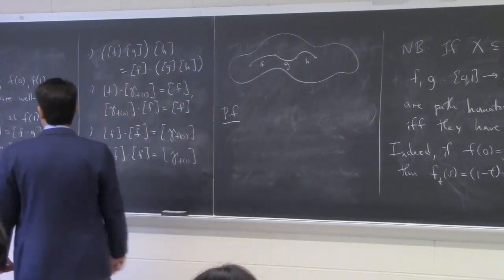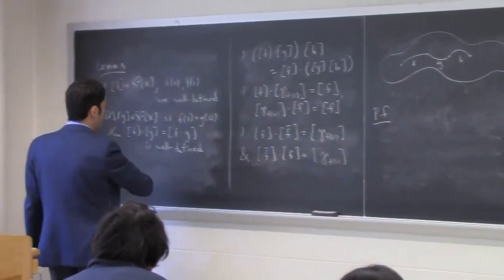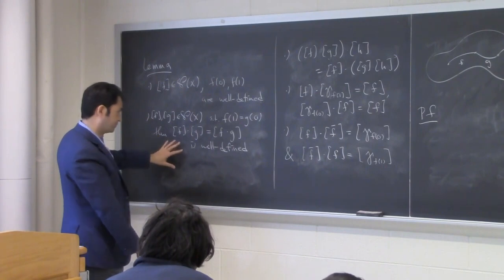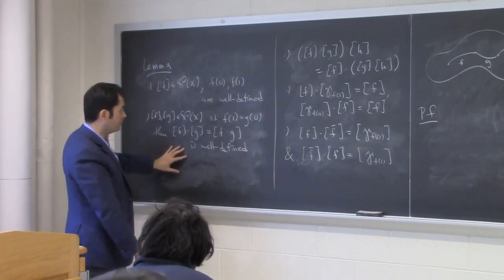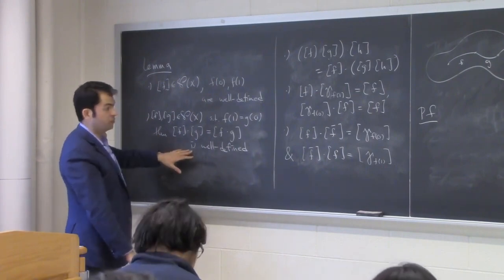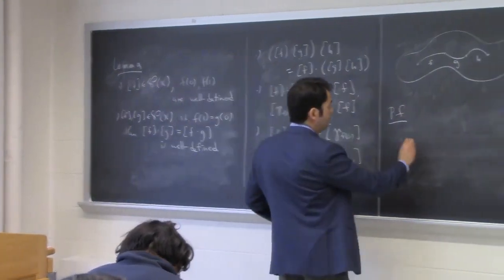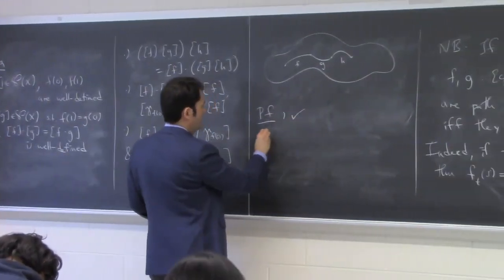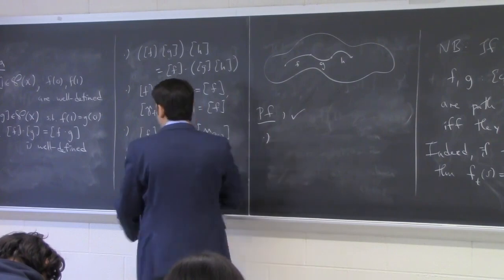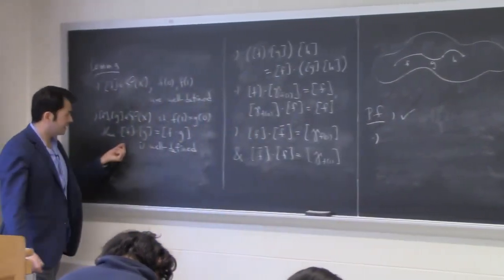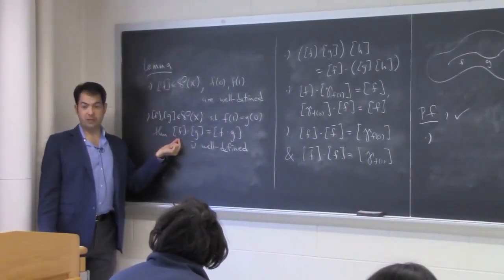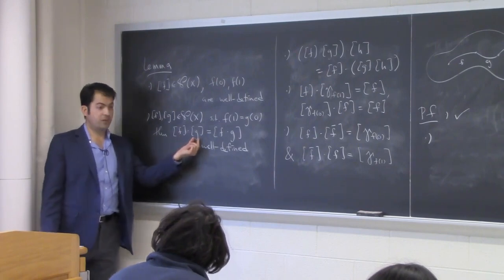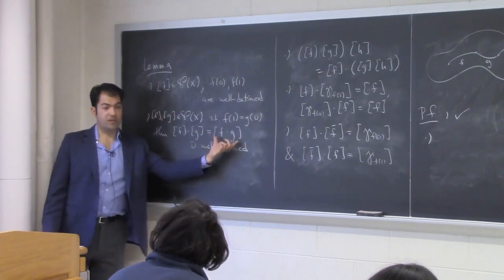So let's prove this. We already did the first one. For the second one, we have to check that this is well defined. To see that, we want to say that if you had chosen a different representative of this class and a different representative of this class, you would have gotten the same class.